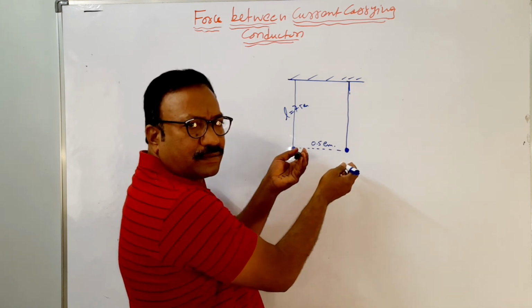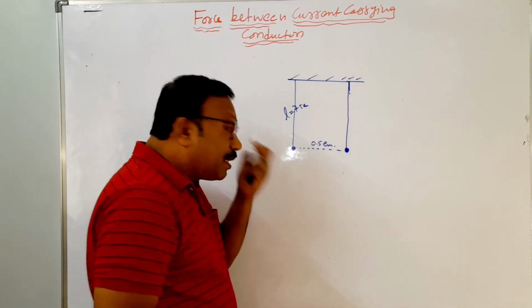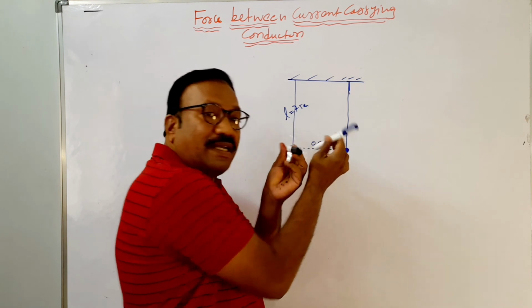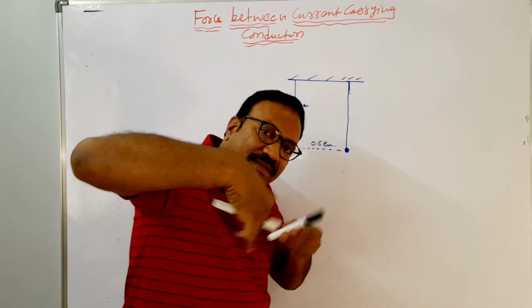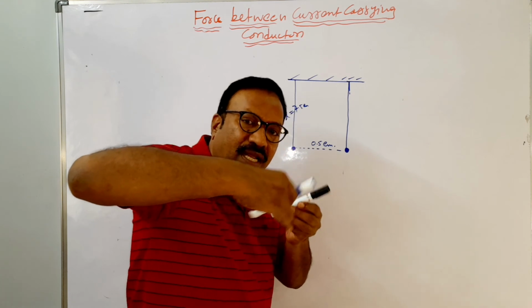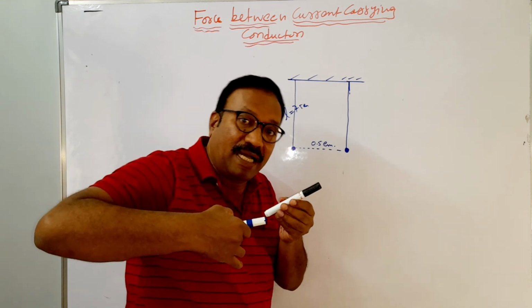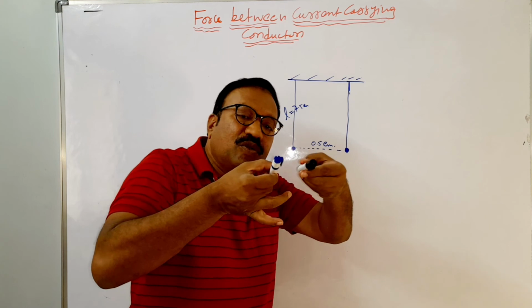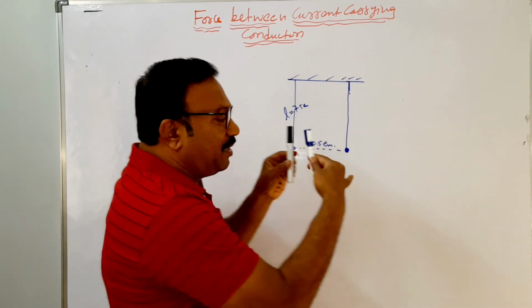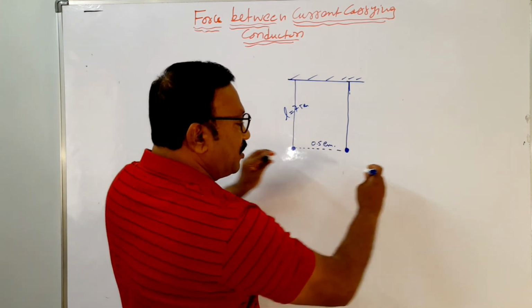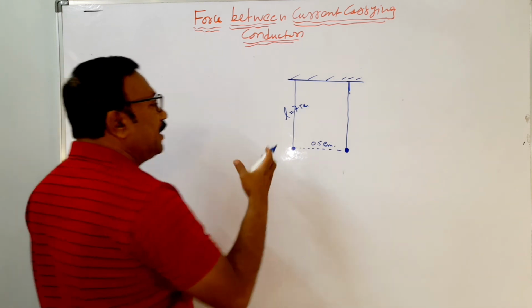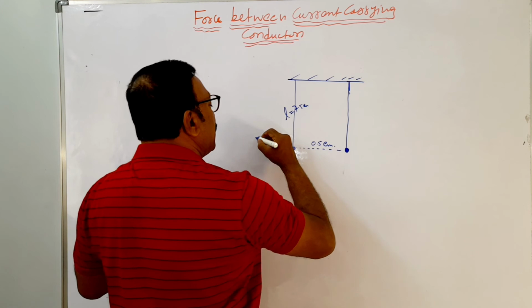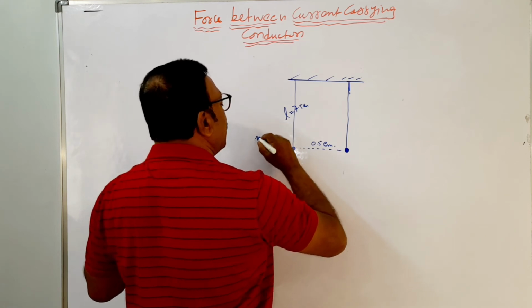But now currents are passed in these wires, in the same direction, and the same current I is passed. So what happens now? These two will repel each other. After passing current, I found the diagram is coming to be like this.